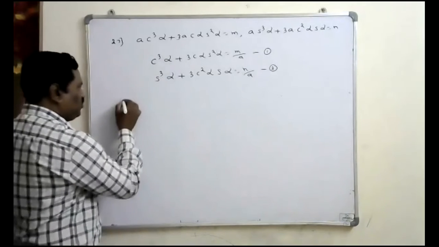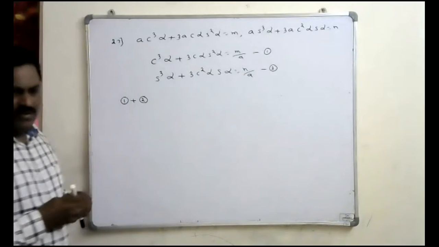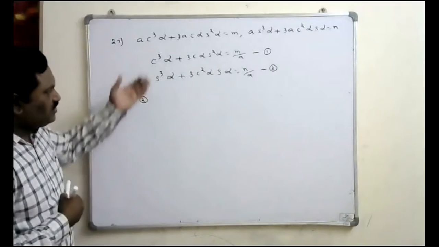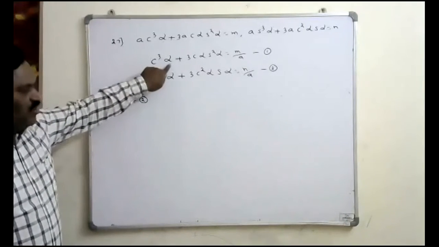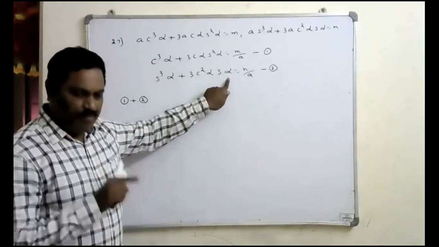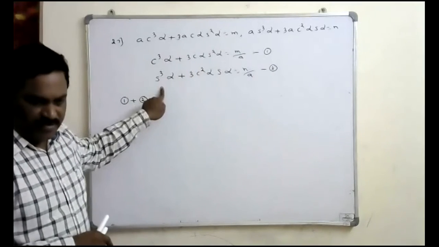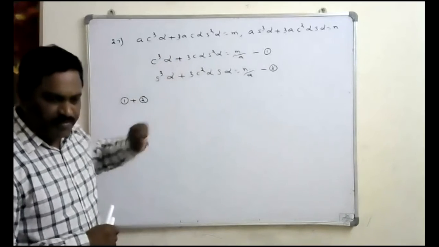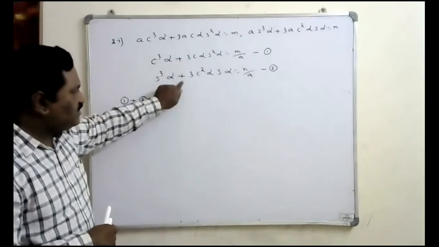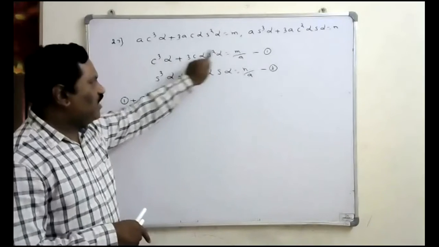Now, first add 1 and 2. If we add them, observe this equation: cos cube alpha plus 3 cos square alpha sin alpha plus 3 cos alpha sin square alpha plus sin cube alpha. If you observe this term, it is in the form of a cube plus 3a square b plus 3ab square plus b cube.